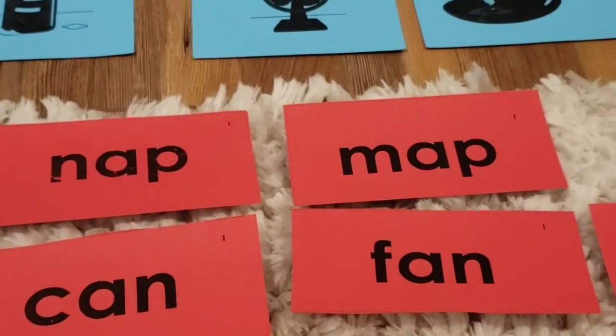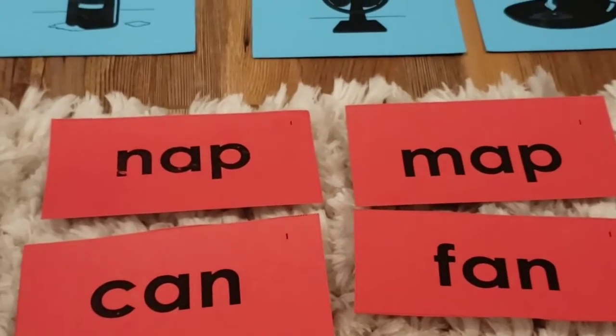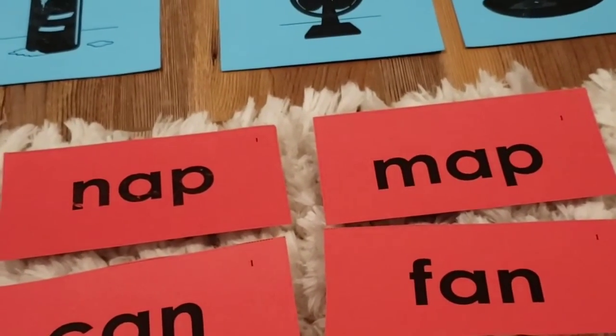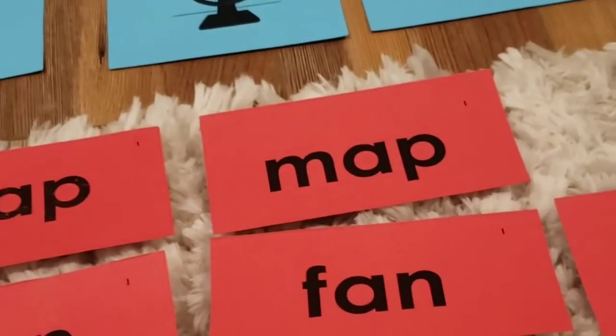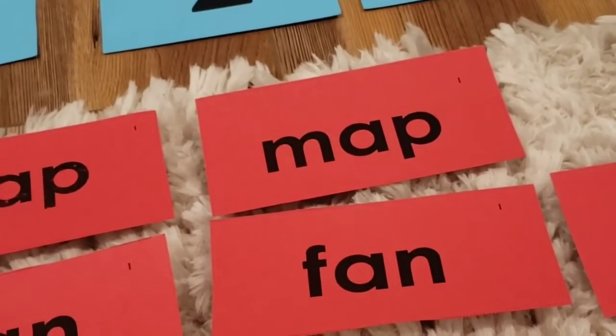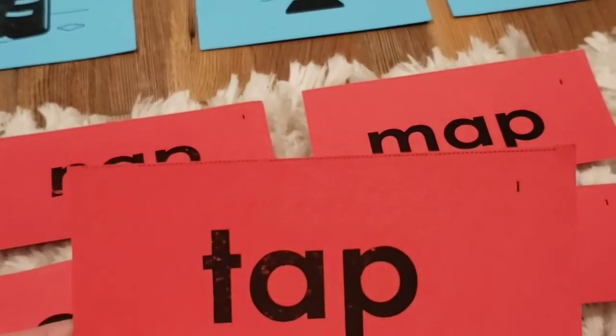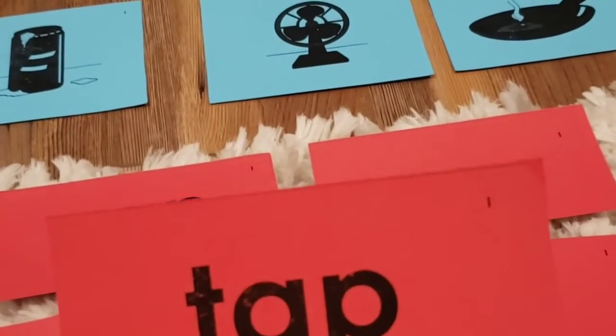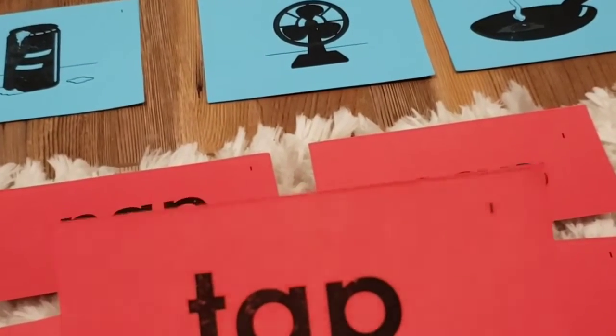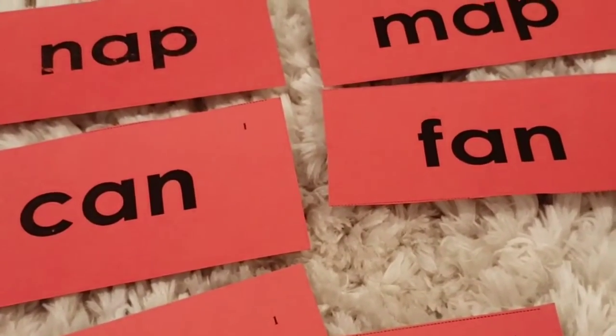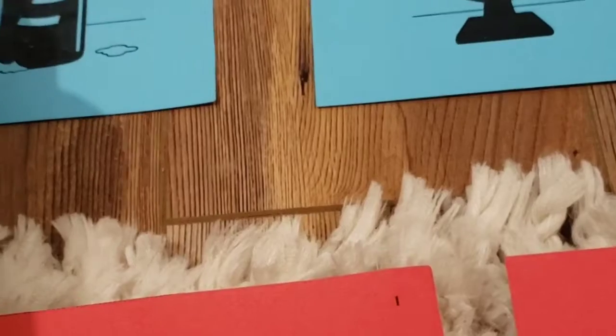So if you stretched out tap at home, you know that it begins with the t sound made by Talking Tess or the letter T. I only see one word that begins with that sound. So we want to make sure by sounding out the rest of the word that it's going to match. But I know I have t, a, p, tap. So that word card goes with that picture.